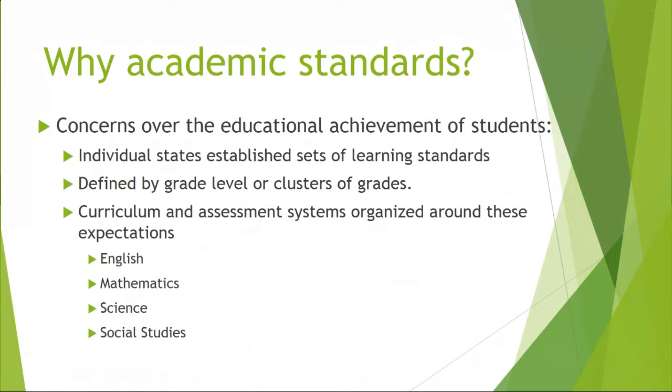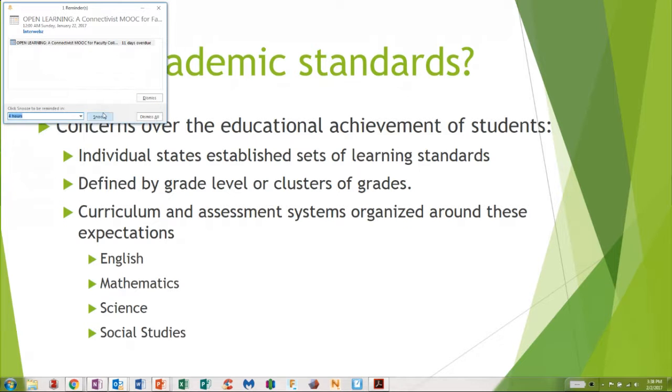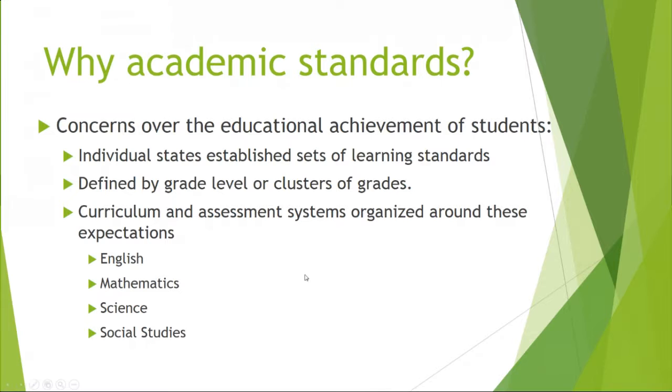So really, academic standards started in the late 1800s, early 1900s, because there was concern over the educational achievement of students. So in that respect, not a lot has changed in the last 100 or so years.